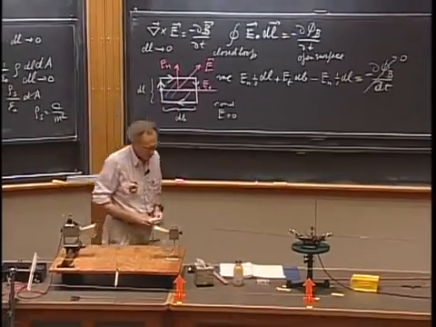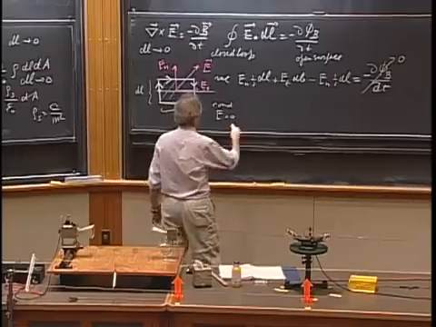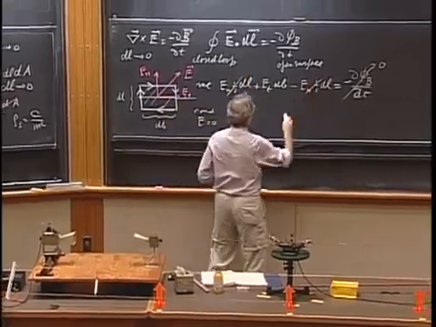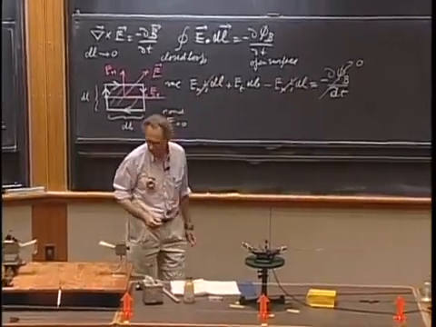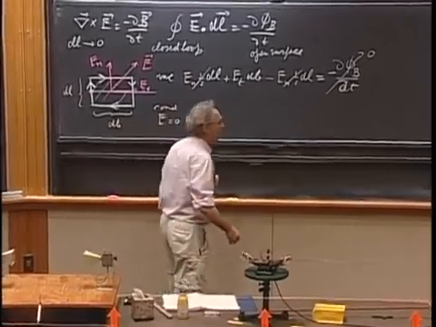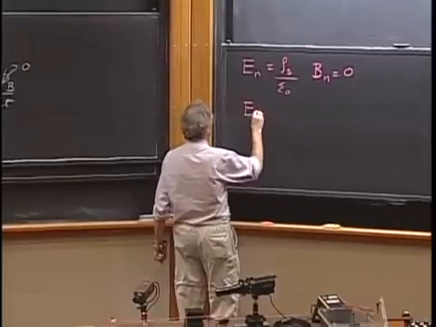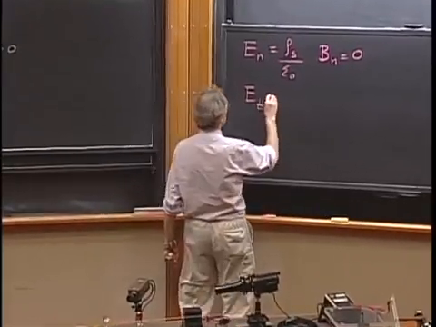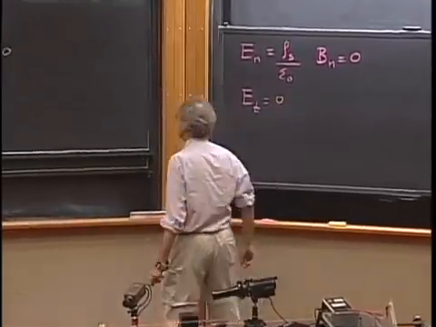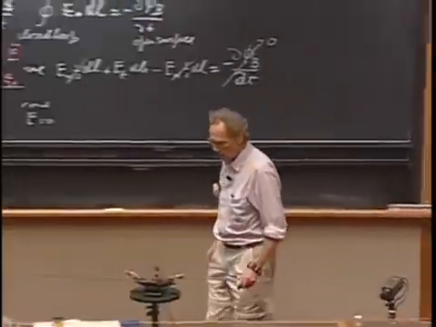And notice that this one cancels out against this one. And so now we find the third condition, and that is that at the boundary, E tangential is 0. So that's the third one.